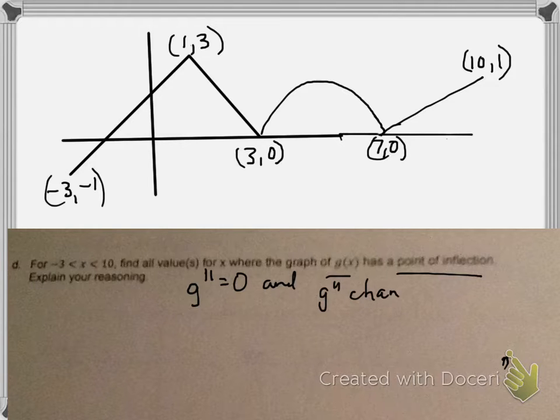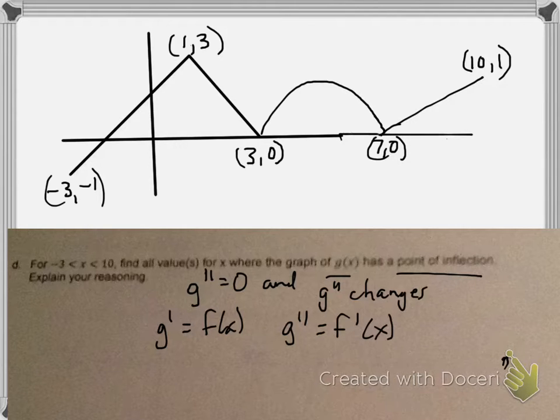It has to be both. It can't just be where g double prime is 0. So g prime was f of x. G double prime is f prime of x. Sorry, I forgot to include the 0 or undefined. So those were possible inflections.